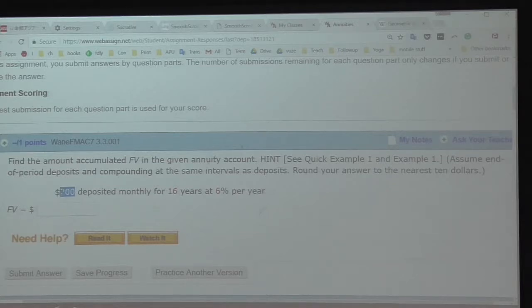So that's $2,400 a year, right? So times 16, right? That's the absolute minimum, that's if you didn't get any interest, right? It would be 2,400 times 16. That's how much you're actually putting in, but you're getting interest. Okay? So how do you do this?